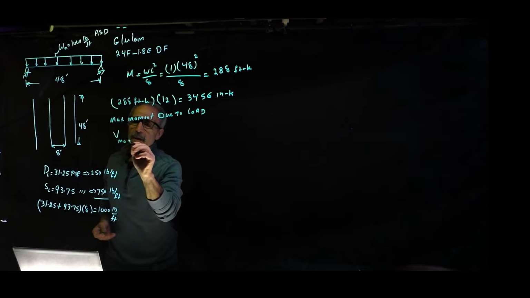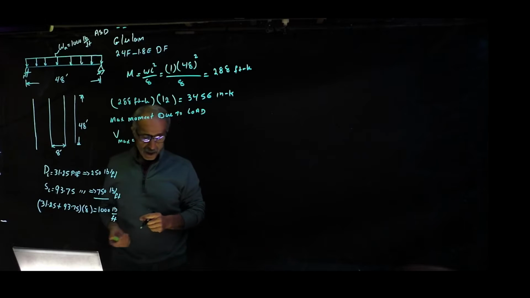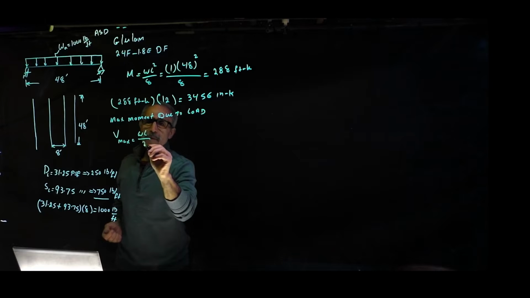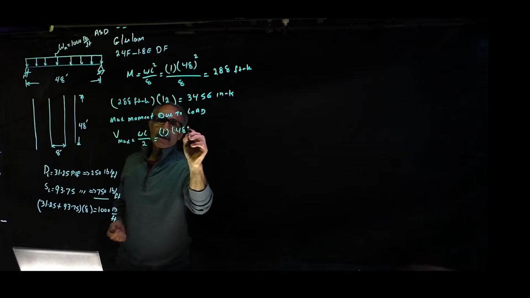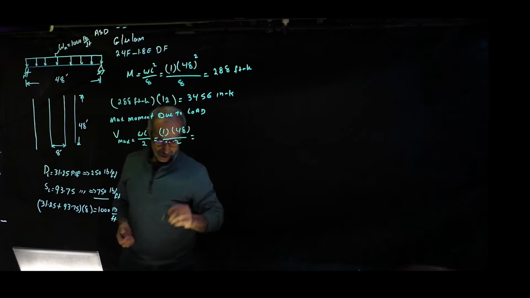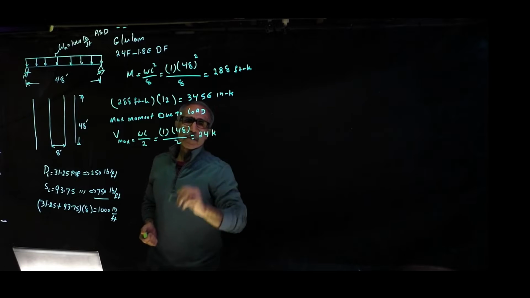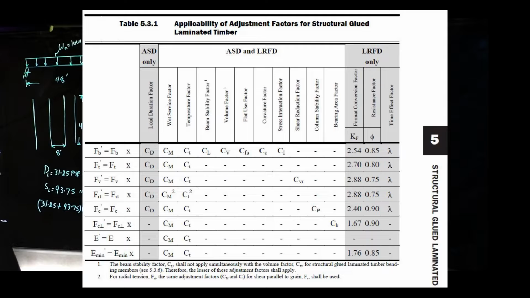Vmax is going to be, obviously, looking at the bending formula, WL divided by 2. And W is 1 kip times L 48 divided by 2. That should give us 24 kips. Perfect.